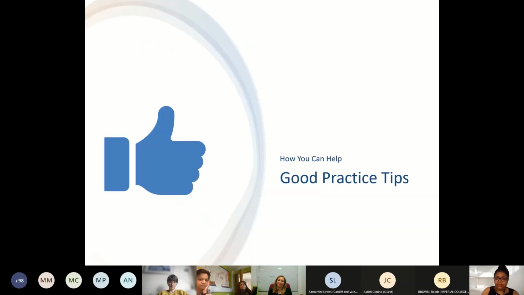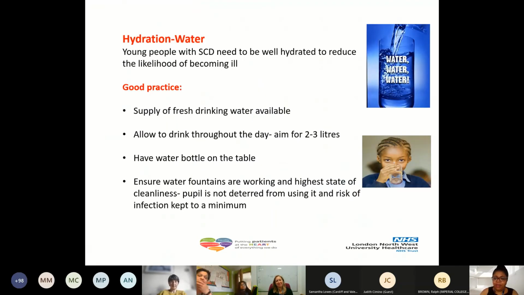Okay, so just quickly going through good practice tips for schools. Hydration: remember we need to kick infection out. We want to make sure the child is well hydrated and has a supply of water with them in their bag or on the table. There should be no restrictions really for a child with sickle cell.